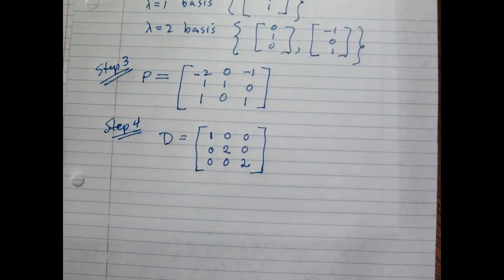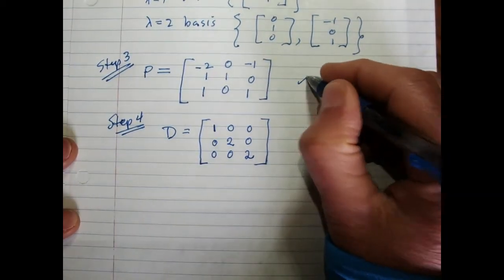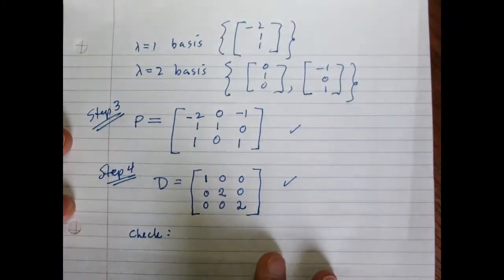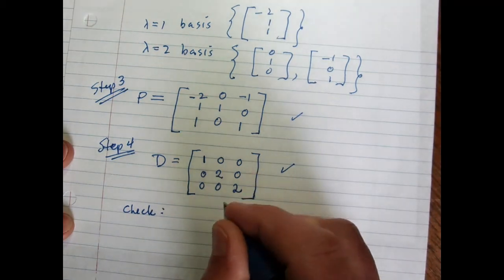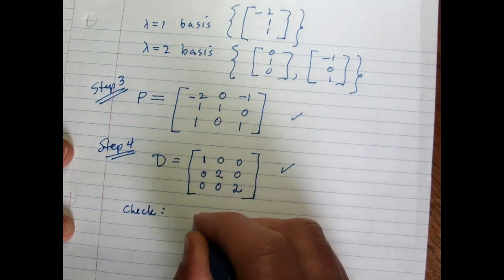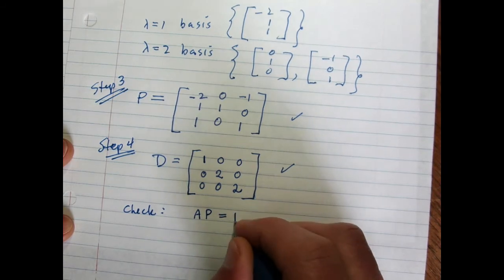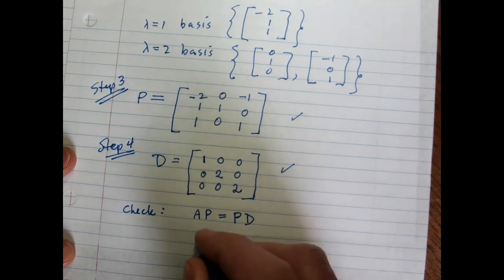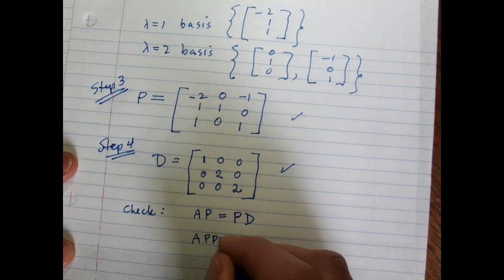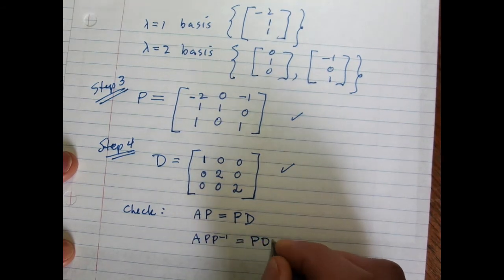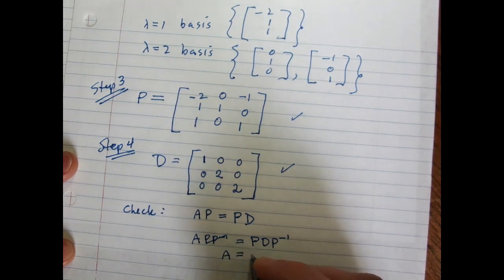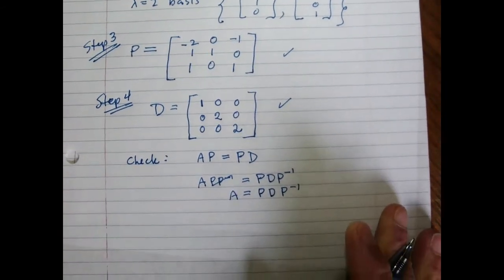You don't have to actually calculate P inverse. We got our P, we got our D. We can check by calculating now AP and PD, because AP should equal PD, because A P P inverse will equal A, and A would be equal to P D P inverse.